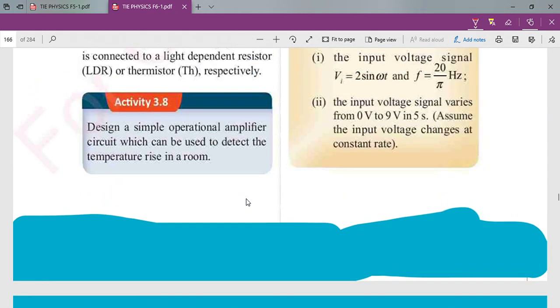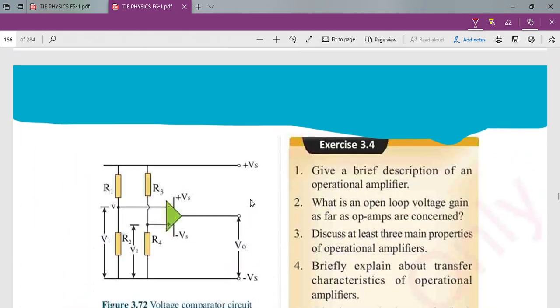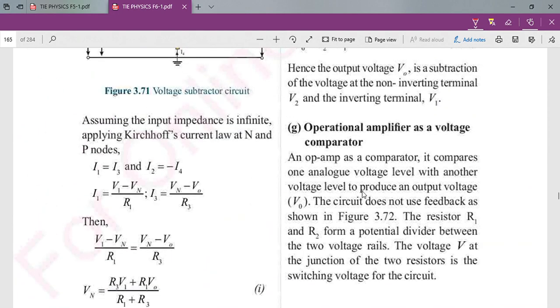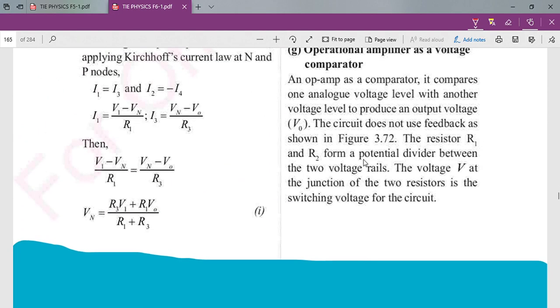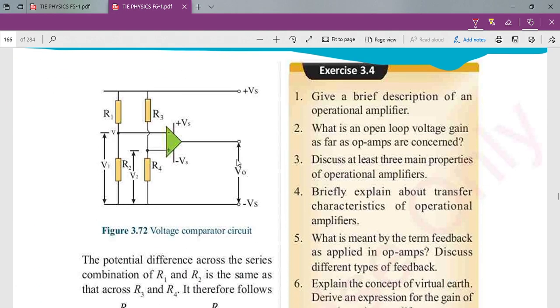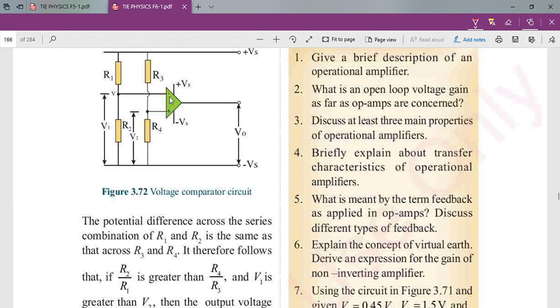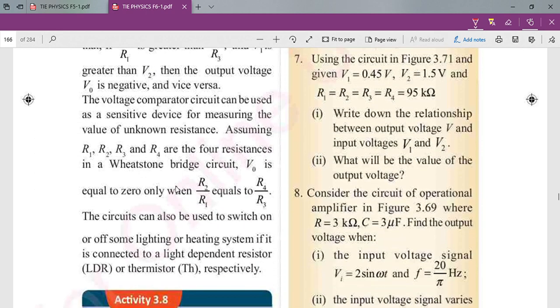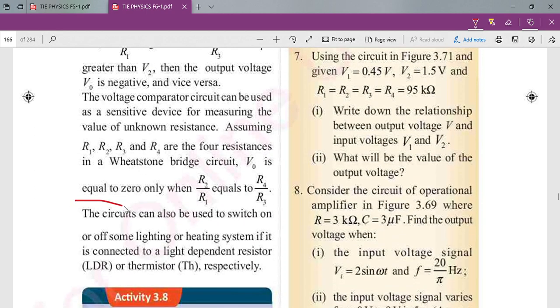The last part for today is the operational amplifier as a comparator. We are comparing the fraction of R1 over R2 with the fraction of R4 over R3 to obtain this one. This is the operational amplifier as a comparator.